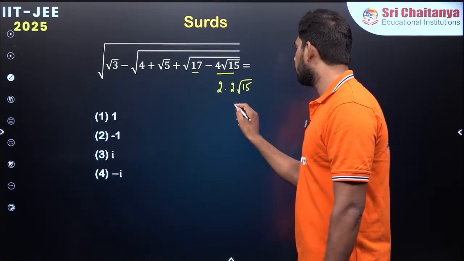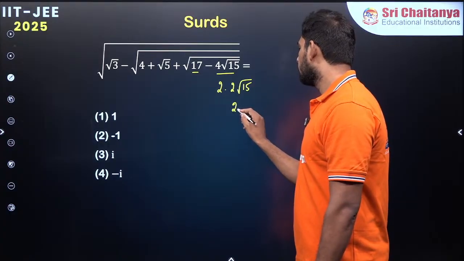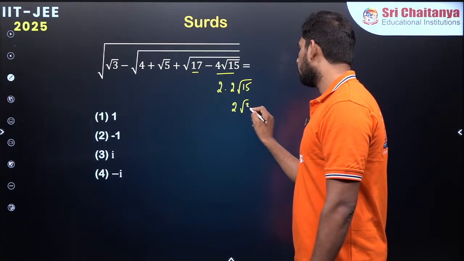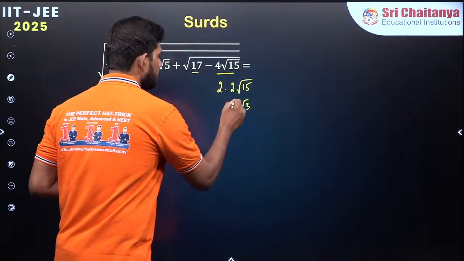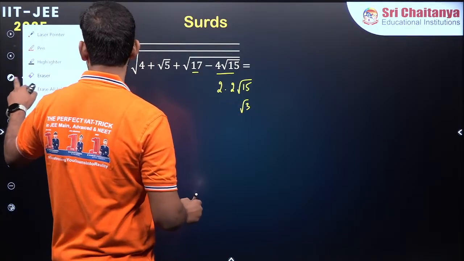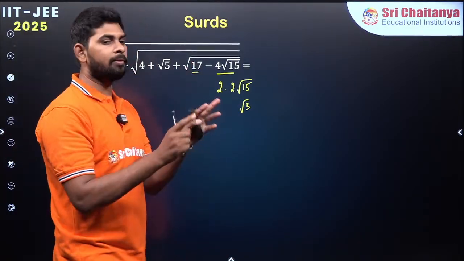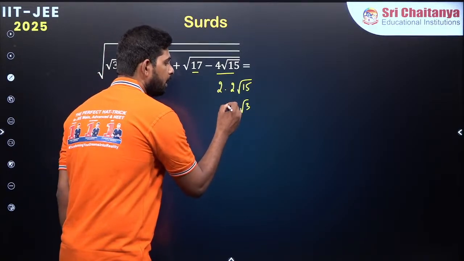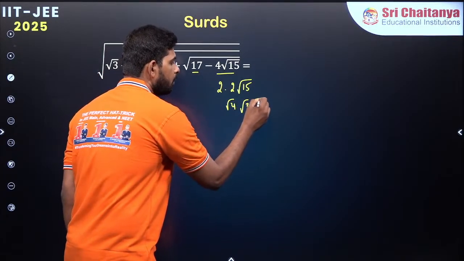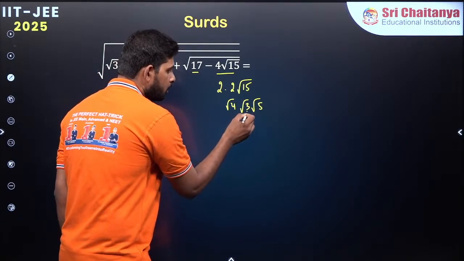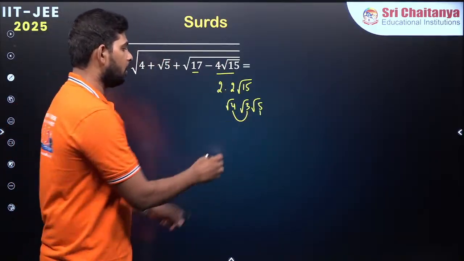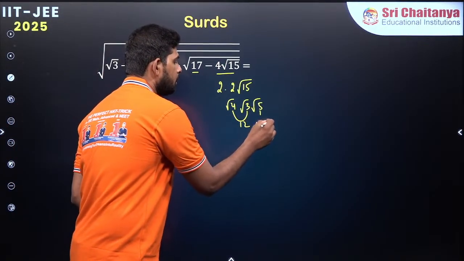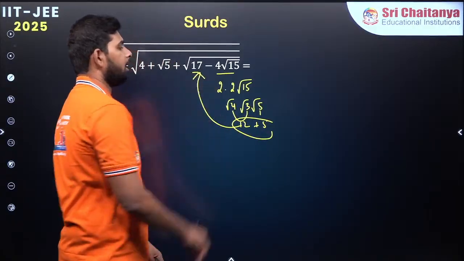That is why I am going to multiply this one as 2 into root 3. 2 I am writing as root inside the root, so that I can conclude what are the factors which are going to be giving us 17 as sum of the squares. Okay? So 2 I am writing as square root of 4 and square root of 5. Now you can see 3 into 4, that is 12, and 5 is there. 12 plus 5 is giving us, yes, 17 we are getting, right?